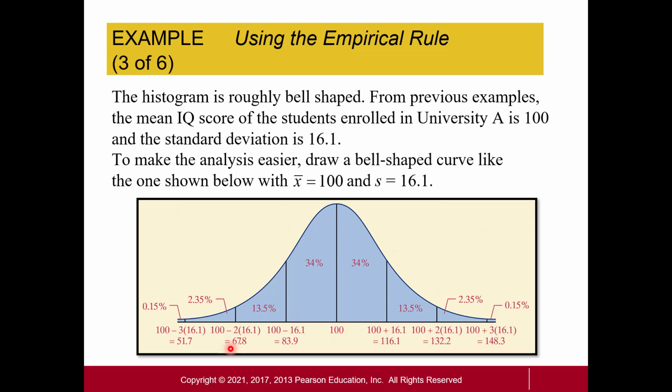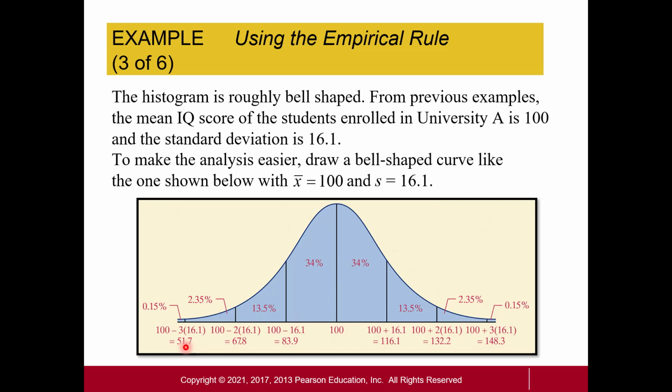And then to get the values that we need for our horizontal axis here, we just keep subtracting multiples of the standard deviation. So to move over 2 standard deviations from the mean, we just say 100 minus 2 times 16.1. That's where 67.8 comes from. We do the same thing but with addition over here on the other side. And then we do this one more time with 3 standard deviations.